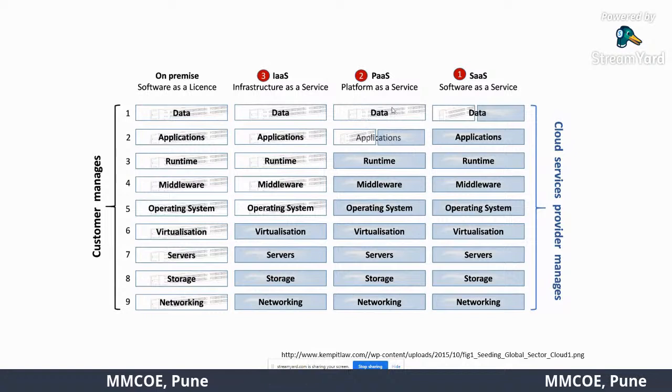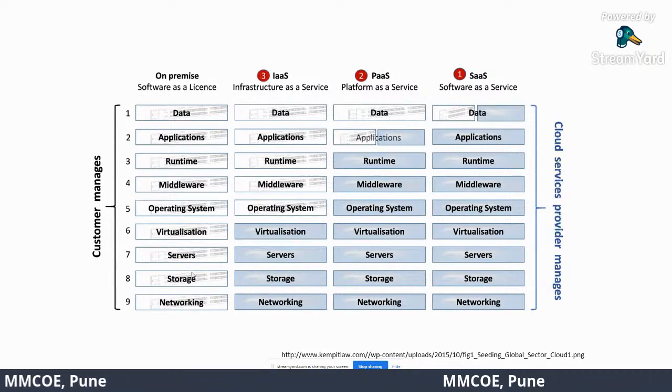In case of platform as a service, you have partial control over the data and application. If it is on-premise, then of course the customer has control over everything, from data to applications to server, storage, and networking.